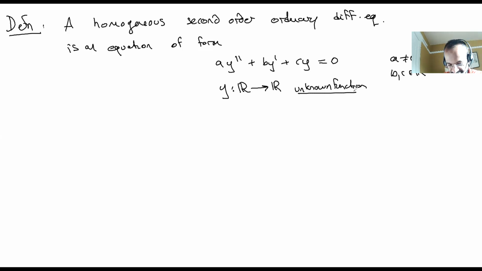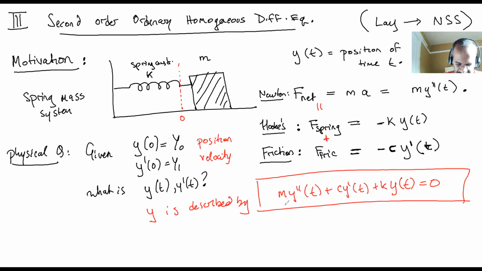What you're trying to do is find a function that fits this equation. In this case, the coefficients are given by the mass, the damping, and the spring constant, which describe your physical setup. If you want to predict what's going to happen, you have to find functions that fit this equation. That's a differential equation.